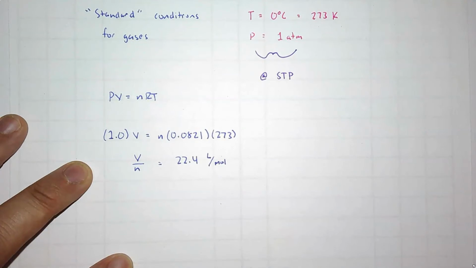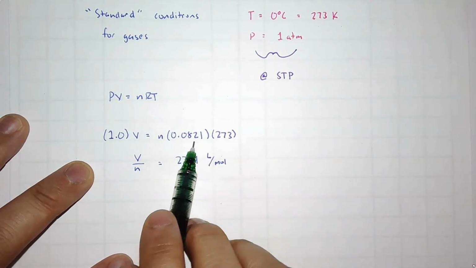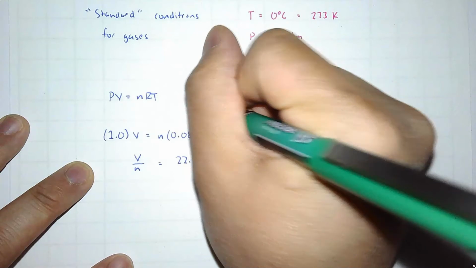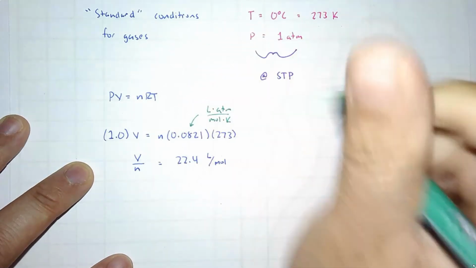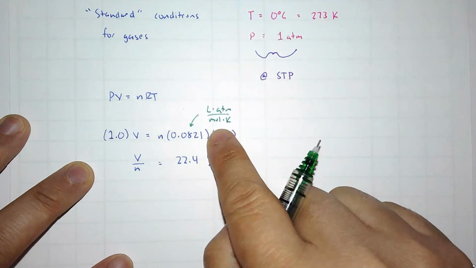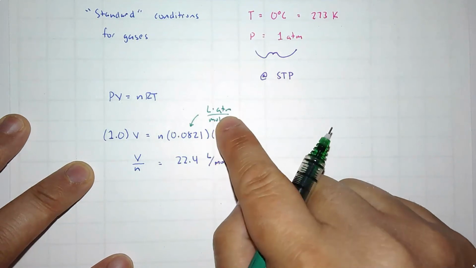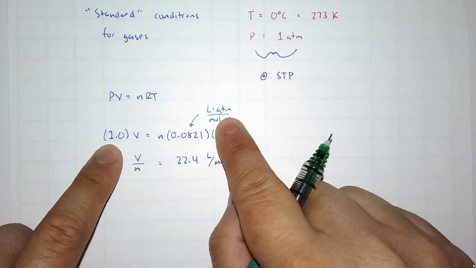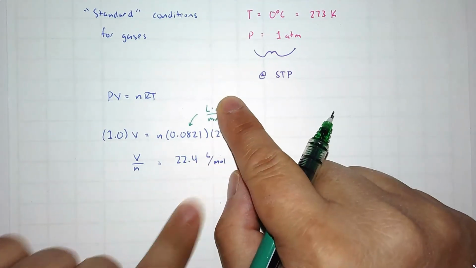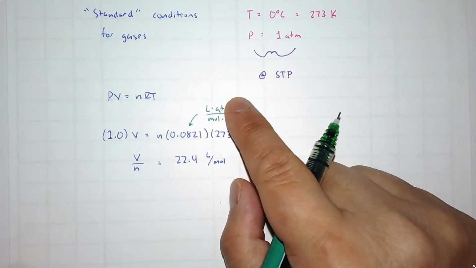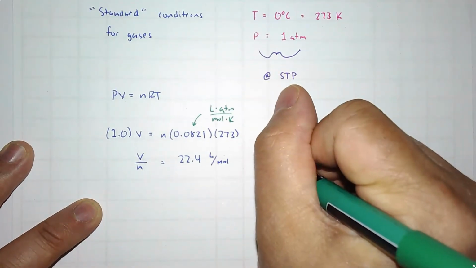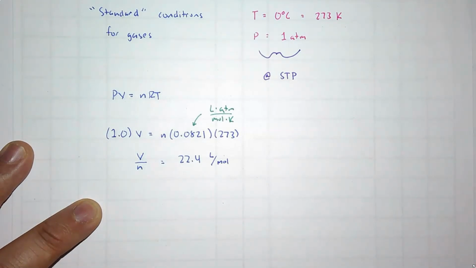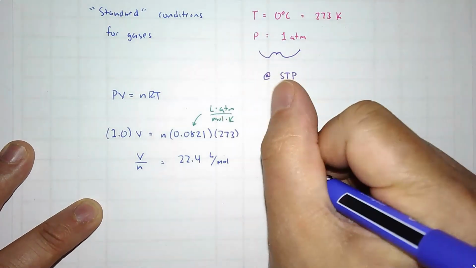Let me just double check, because this one is liters atm over mole K. So the K's cancel out, and then when I divide by the pressure, the atmospheres cancel out. So do you see how it's liters per mole? This is a very useful conversion.